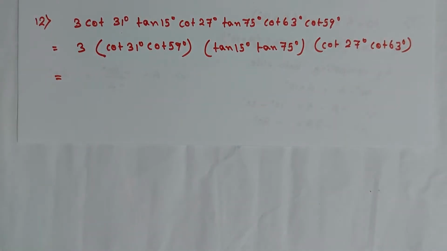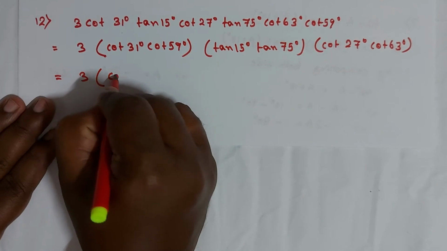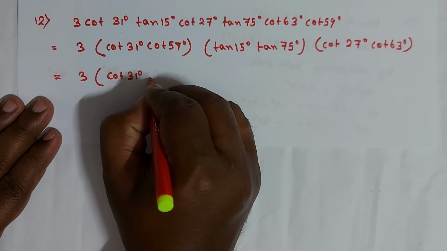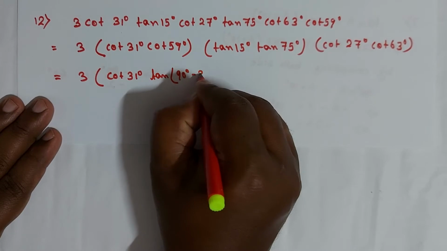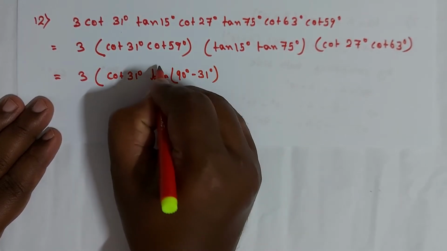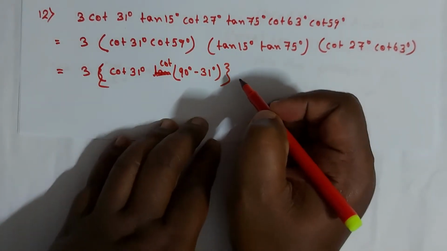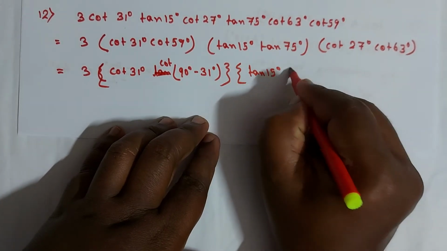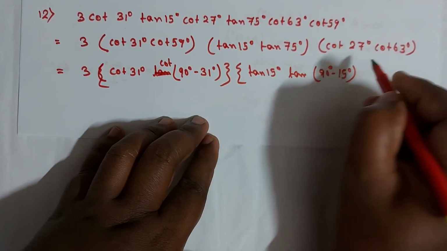So right now, this will be cot 31 degrees, and this is cot of (90 minus 31 degrees). Similarly here, it will be tan 15 degrees and tan of (90 minus 15 degrees).